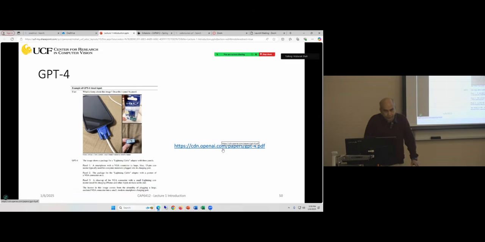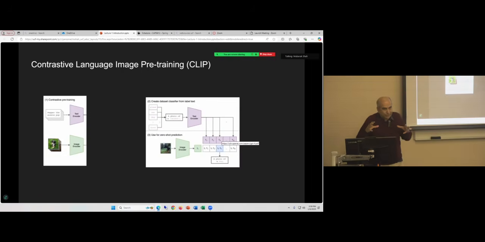And then GPT-4 from OpenAI. In CLIP, there's no language model. It's very simple: it's just an encoding of the text with something like BERT, but it's not a large language model.